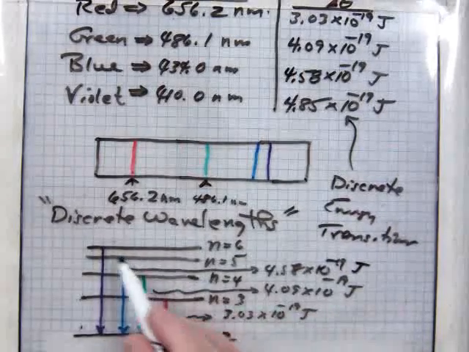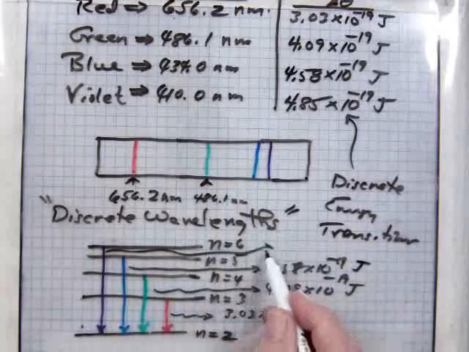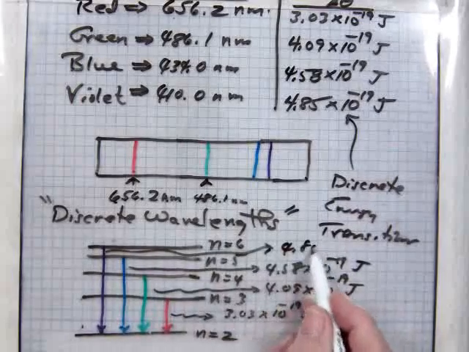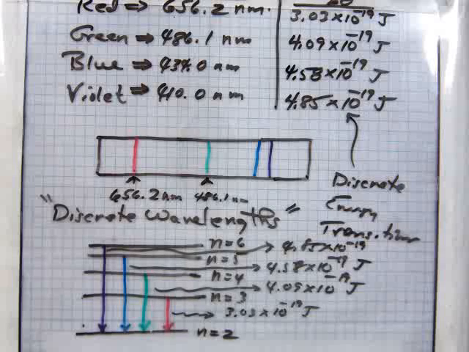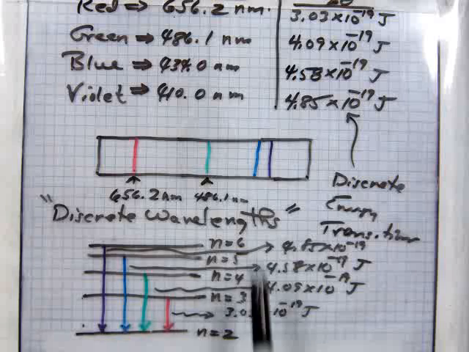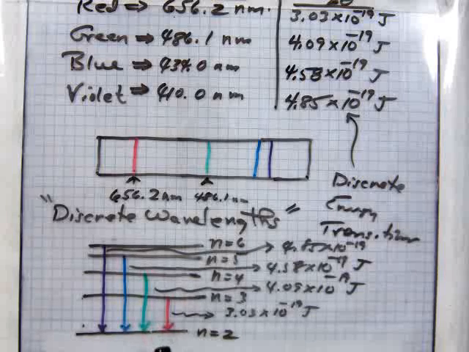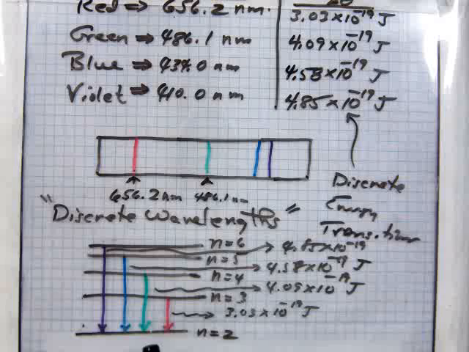And the purple line, 4.85 times 10 to the minus 19. So if the electron is living in individual distances away from the nucleus, what does that tell you? That the electrons are orbiting at individual distances around the nucleus. That's how they came to this conclusion, and this is the proof of that existence.